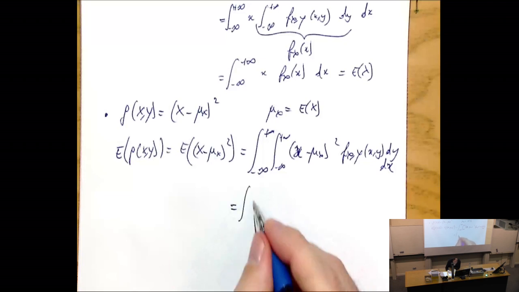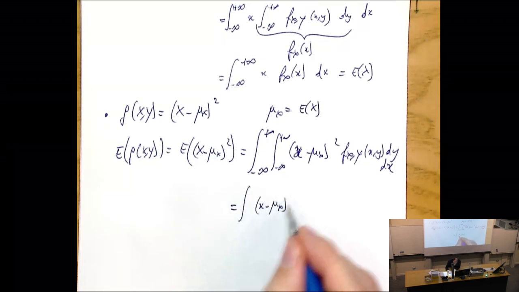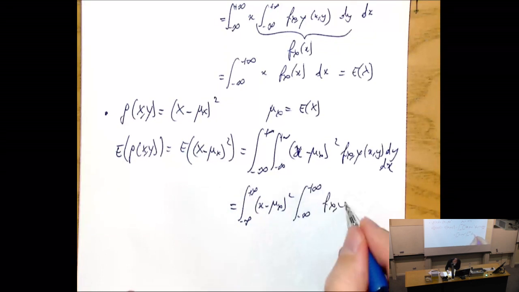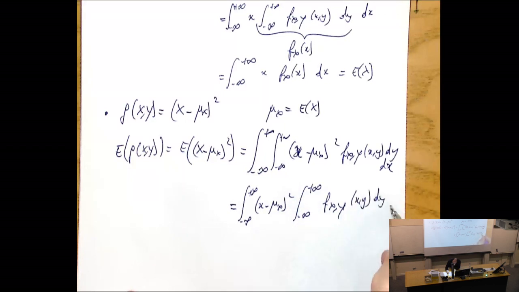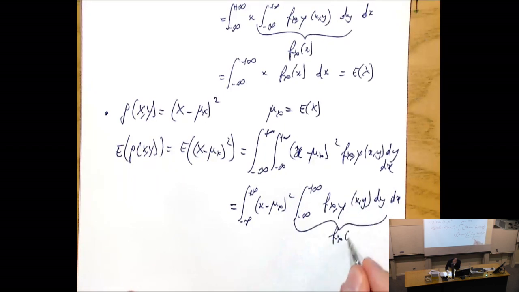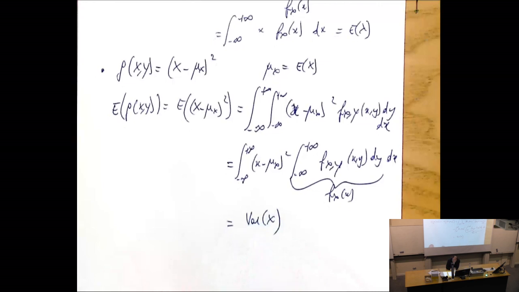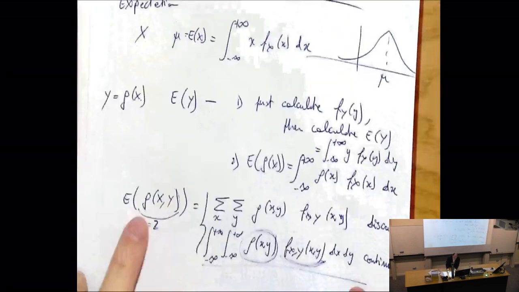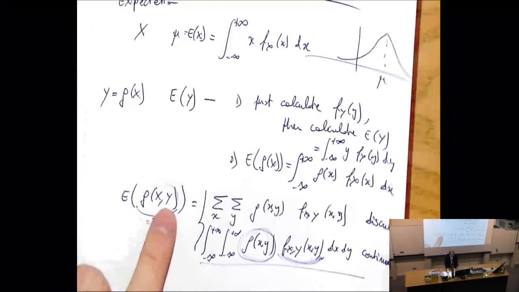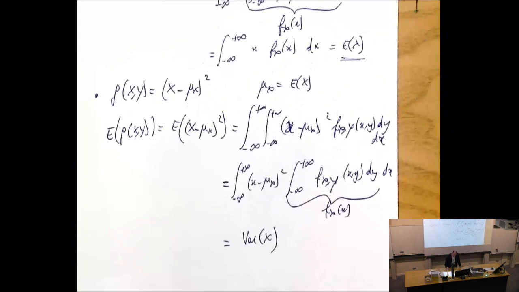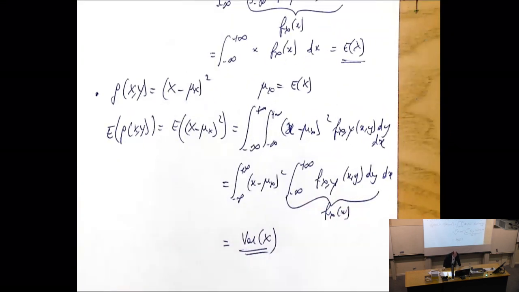This is again going to be an integral of x minus mu x squared of an integral of the joint probability density function of xy. I integrate with y first, so this is again the marginal of x. And this is something you should know. This is the variance of x. So indeed, if this function g of xy does not become a function of y, as in those two cases, we boil down to what we had earlier on in the course. We get the expectation of a single random variable, we get the variance of a single random variable.